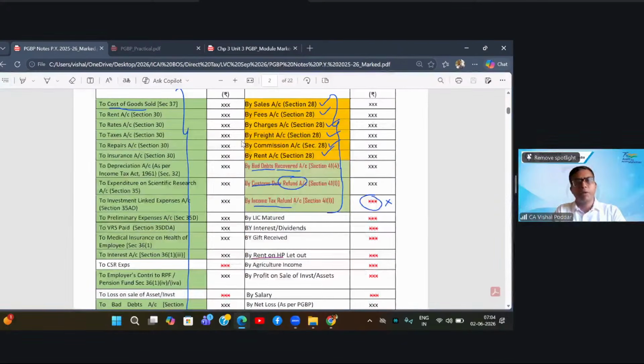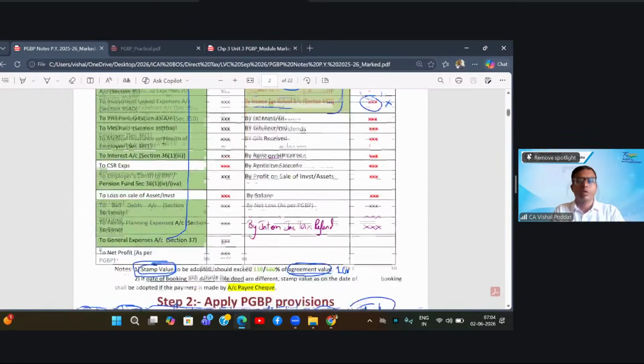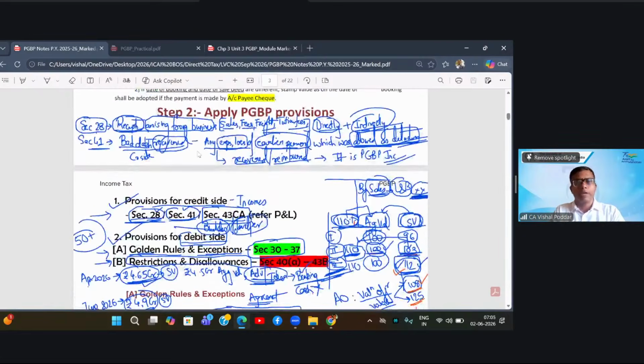It will have multiple items both on the debit and credit side. By segregation, you will identify non-business items, and then in the second step, by applying various sections and conditions, you will identify whether the amount has to be part of PGBP calculation and of what amount, right?